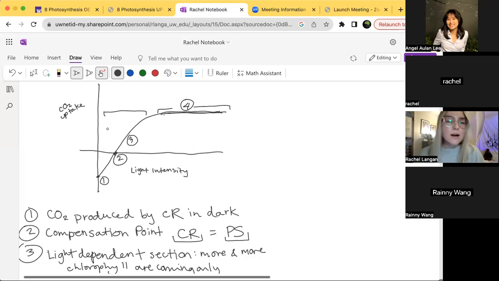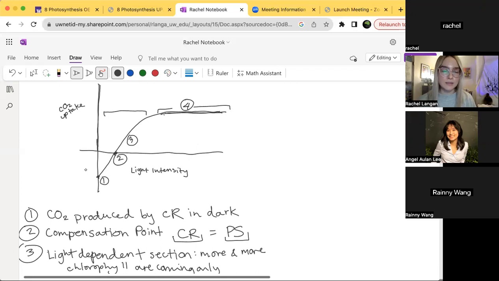So that leads into what I wanted to talk about next. So that's good. This point number 1, you can think of above the x-axis as being positive CO2 uptake, so we're actively taking up CO2 and decreasing the amount of CO2. Below the x-axis, we're doing the opposite.